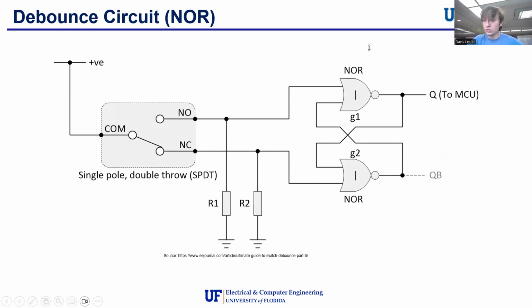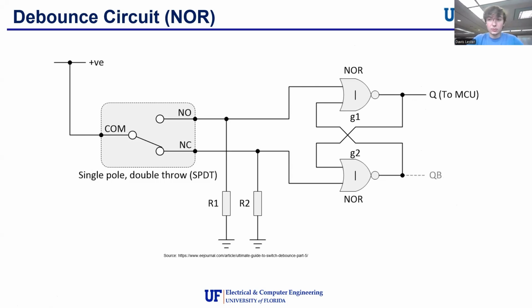Note that the NOR gate version of the debounce circuit uses grounded resistors and the powered switch. This makes it so that only one output can be true at a time. This Q here, or this Q here, will have an active high output since we are using NOR. So this makes sure the output cannot bounce using the SR latch, because it can only be set and reset at individual times.